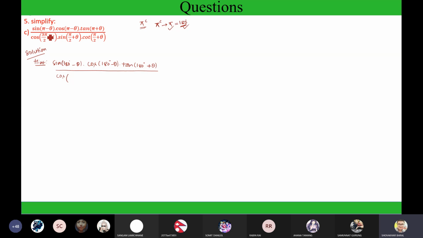Or simply, you can say pi by 2 is 90, so 3 times 90 is 270 degree. You can directly write 270 degree plus theta times sin pi by 2, which is 90, so 90 degree plus theta. Cot pi by 2, and pi by 2 means 180 by 2, which is 90 degree, so 90 degree plus theta.